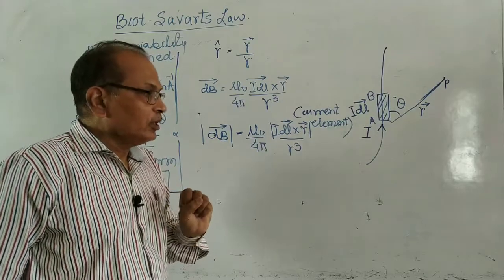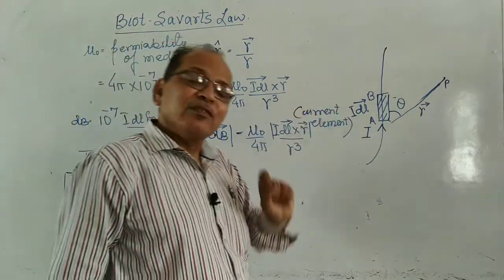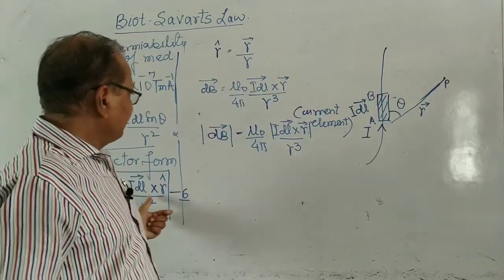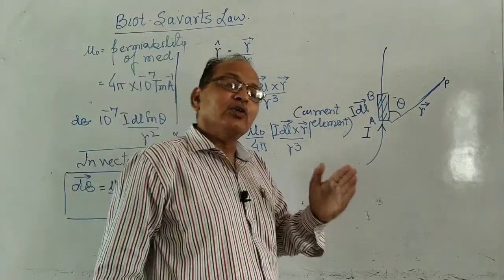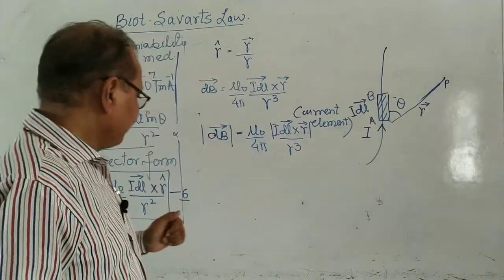Now, what about the direction of magnetic field? This formula gives you the intensity or the magnitude. Now, how can you calculate the direction?